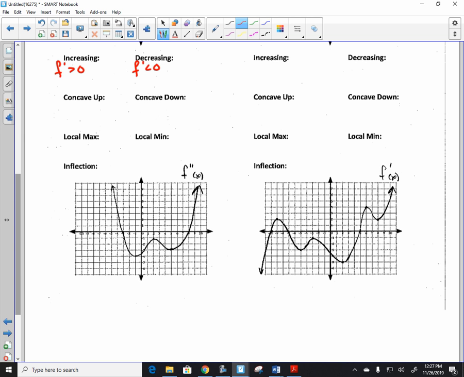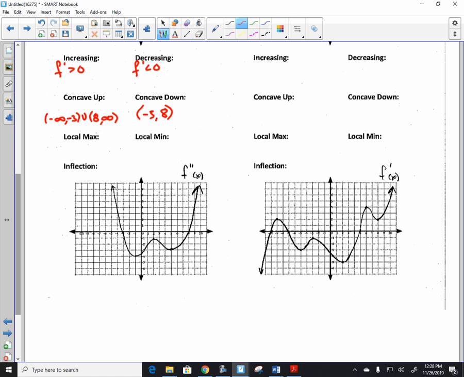So as we're looking at f double prime, the question is, where is the graph concave up? Where is f of x concave up? Well, wherever f double prime is positive. Where's f double prime positive? -infinity and -3, union with? It's infinity. And it's going to be concave down when f double prime is negative, which is going to be -3 to 8.